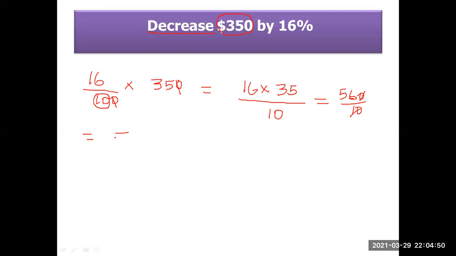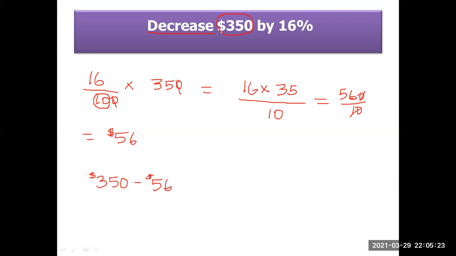So 16% of $350, sorry, is 56. And then our next step, since it says decrease, we're going to take away 56 from 350. All right.